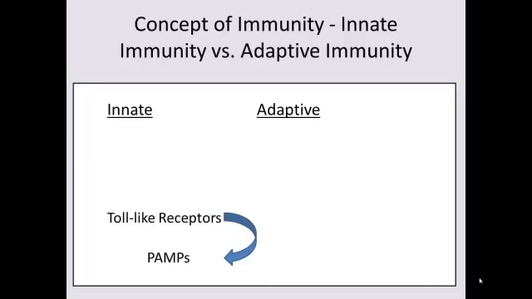So take a few seconds, think about what kinds of things are seen in, say, bacteria, fungus, protozoa, algae that are never seen in the human body. That would be peptidoglycan, because we never see peptidoglycan in anything but bacteria. So that would be a PAMP, a pathogen-associated molecular pattern, because it's never seen in mammals and humans.